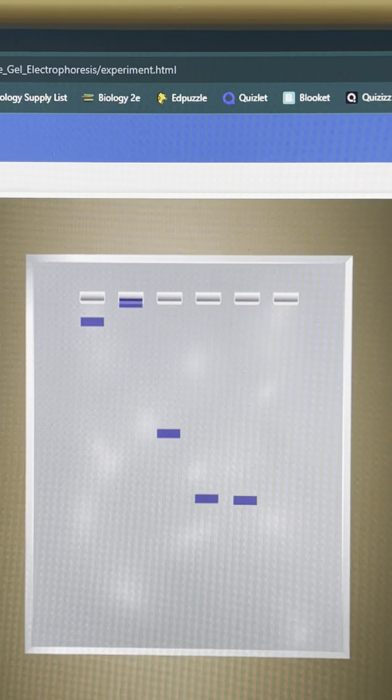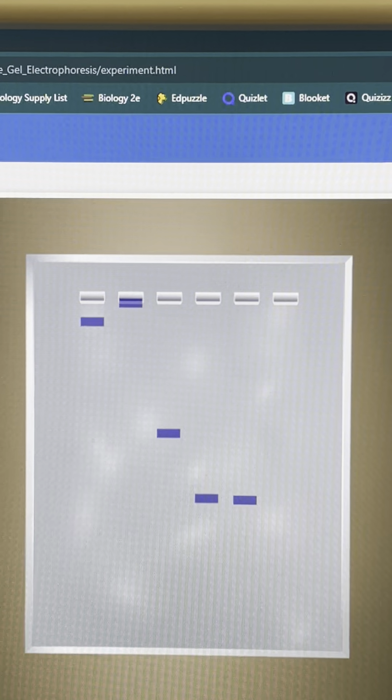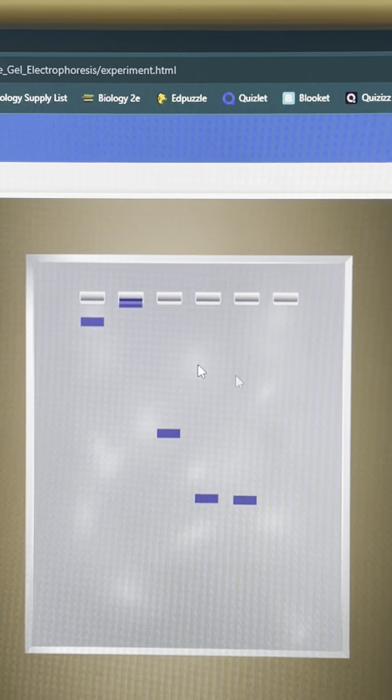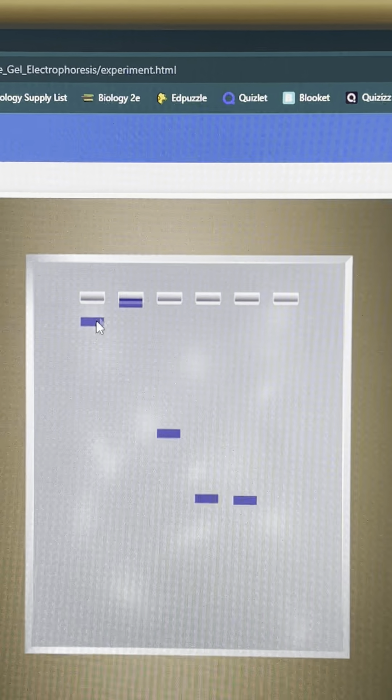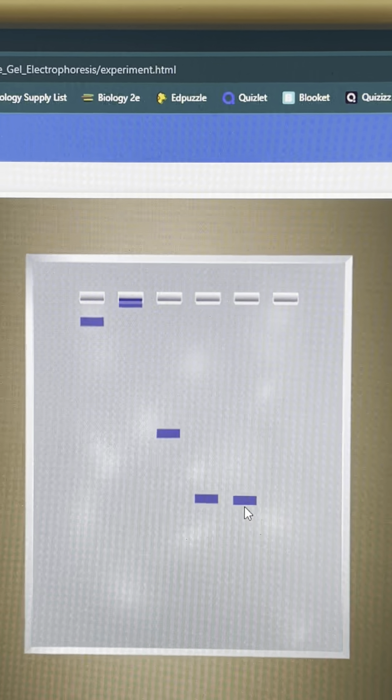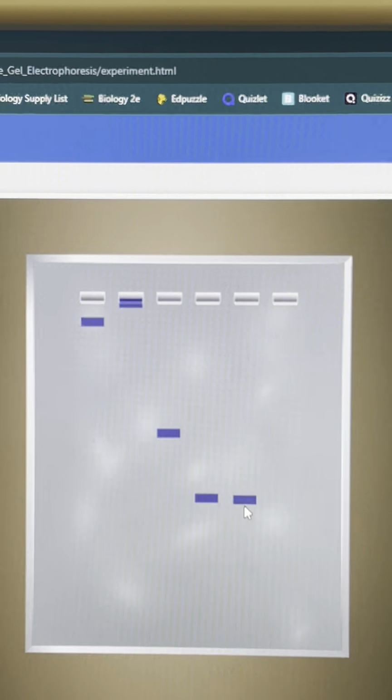Number 8 says turn on the UV lights and answer the question below. So as I'm turning on the UV lights, it changes what I can see. I cannot actually see the DNA in regular light. What I'm seeing is a dye. The DNA has been modified to have fluorescent markers added to it.